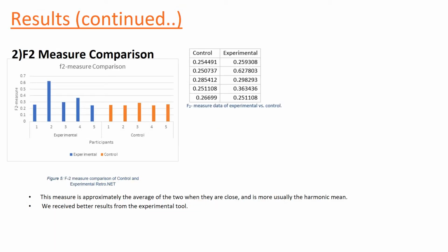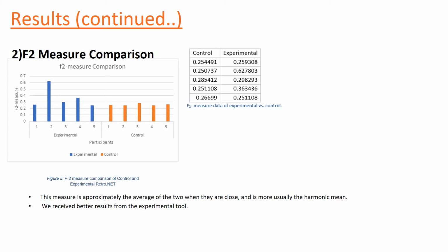Then we compare the F measure, where since one person did not do both of the versions, we couldn't really compare the actual results of the comparison, but we could compare how well people did with the F measures.